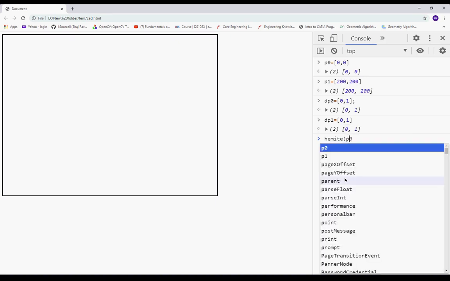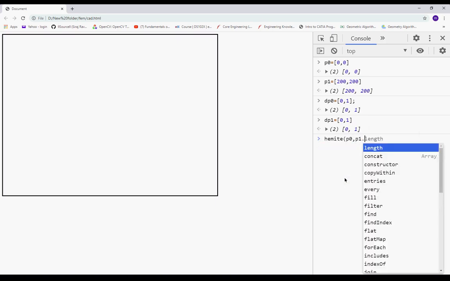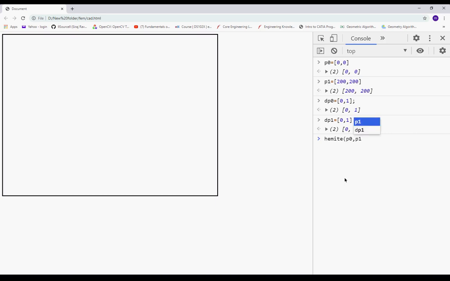So I need P0, then I need P1, then I need DP0, then I need DP1.